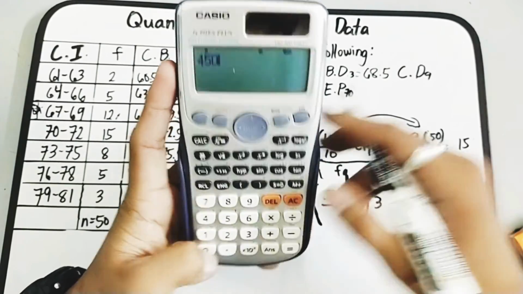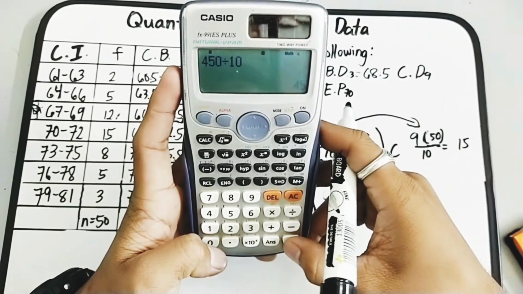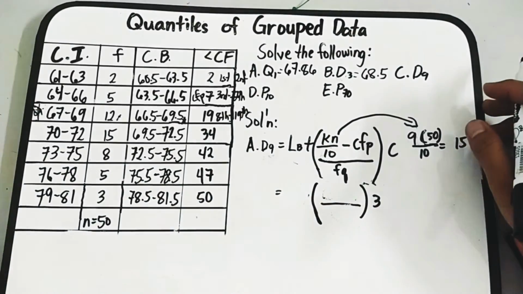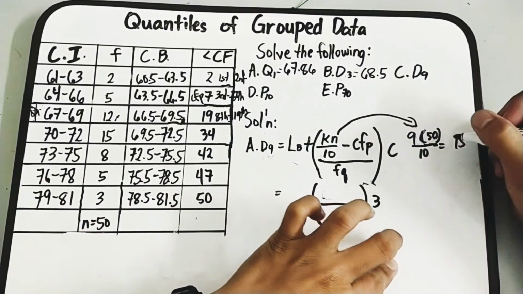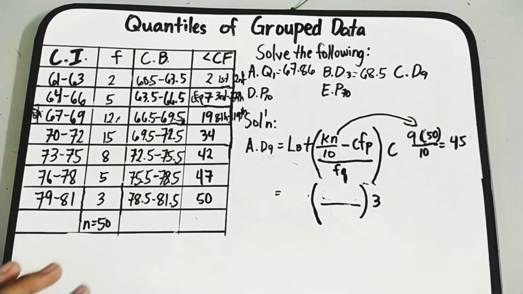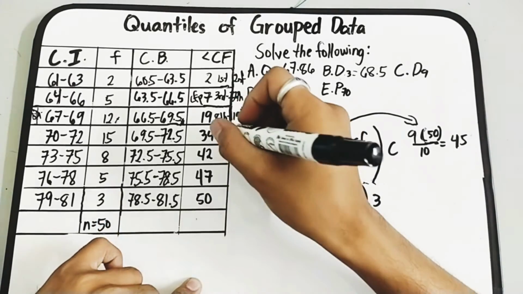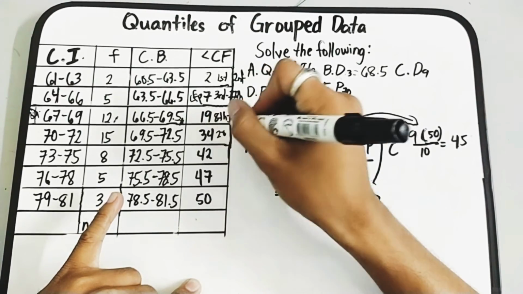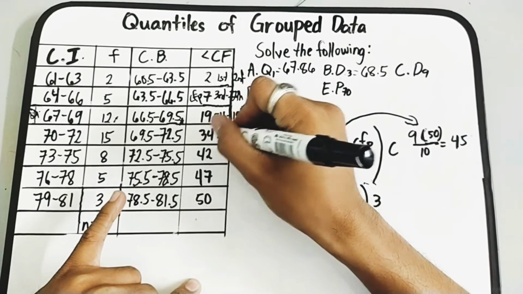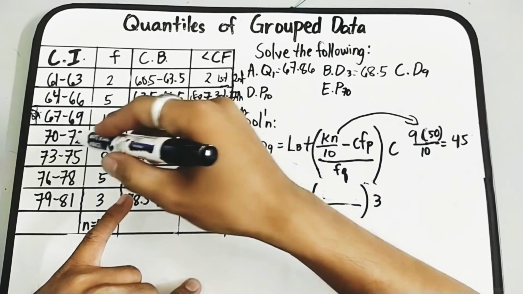So, 450. Divide it by 10. The answer is 45. So, ayan. Ang hanapin natin is yung pang 45th score. Okay. Kung ito ay hanggang pang 19th score na, therefore, sa kanya ay yung 20. Pang 20 up to 34. Ayan. Yan yung mga score na sakop na itong class na to.